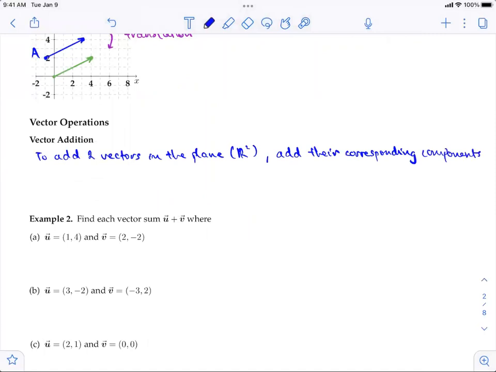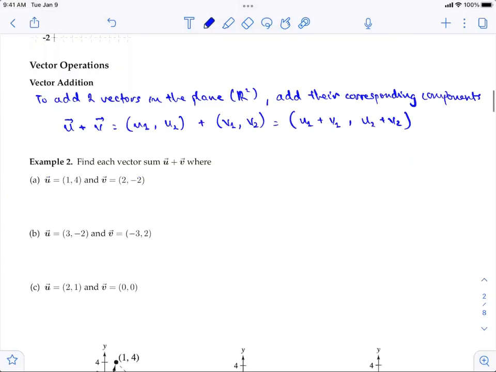Right, so if you have two vectors u and v, vector u consists of u1, u2, and vector v consists of v1, v2. When you want to add these two vectors together, the first components get added together, and the second components get added together. That's how you perform vector addition on these two vectors.